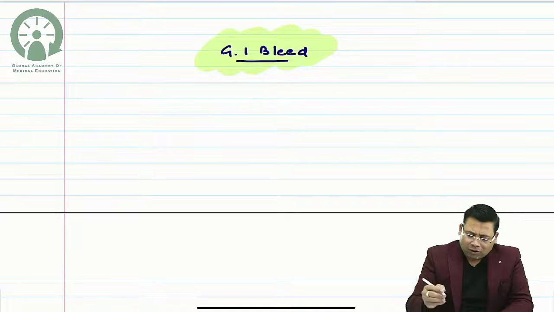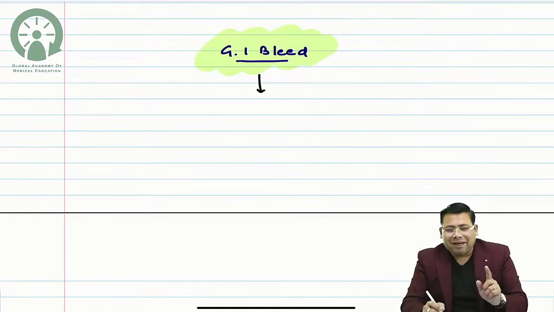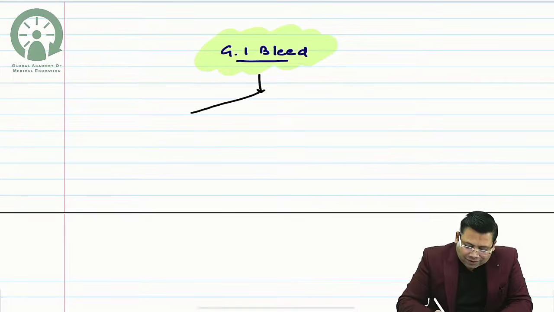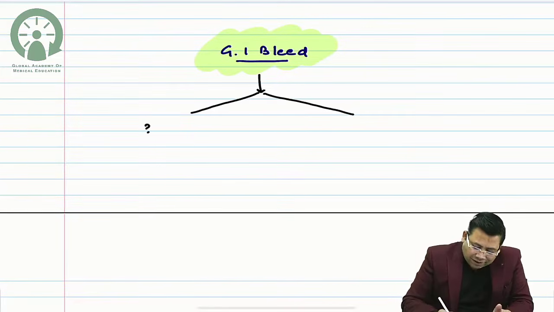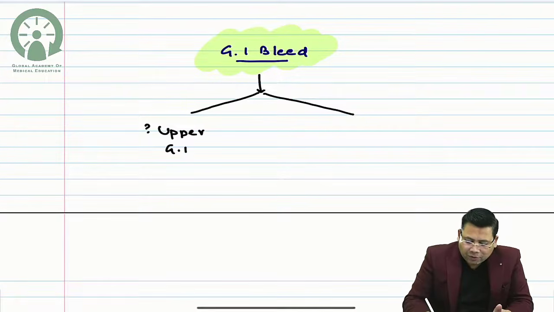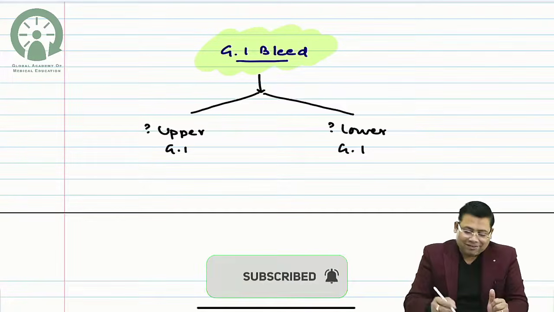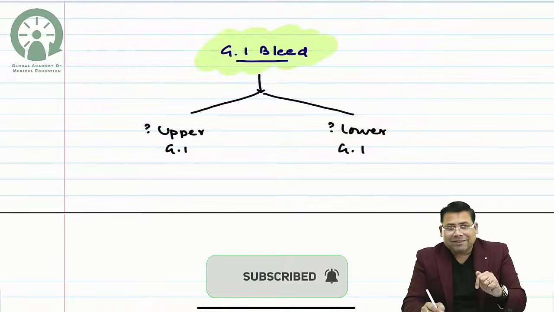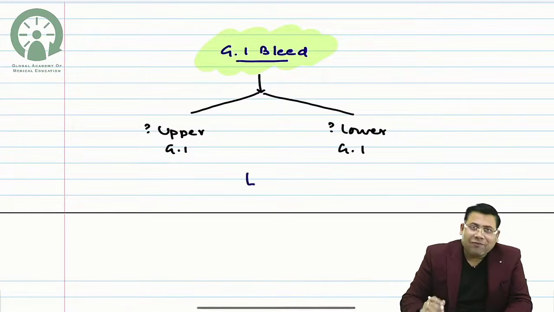When we talk about GI bleed, the next question is whether it is upper GI bleed or lower GI bleed. Who is going to decide? There has to be a landmark which will decide. The answer is the ligament of Treitz, or you can say the DJ flexure.